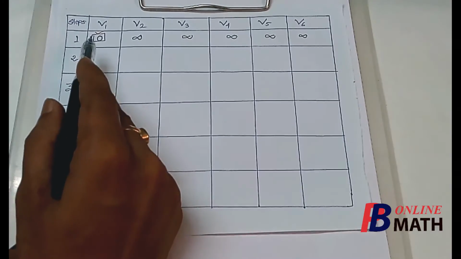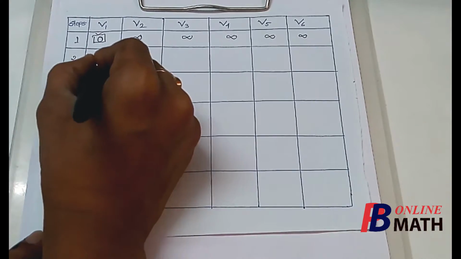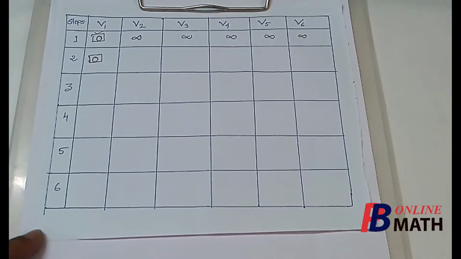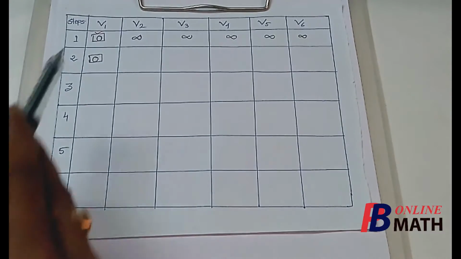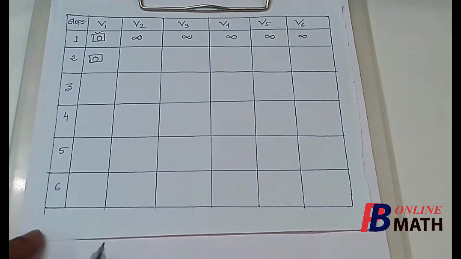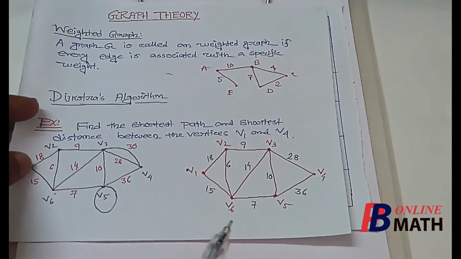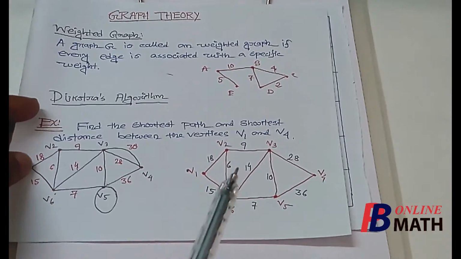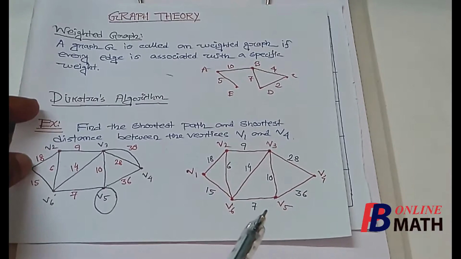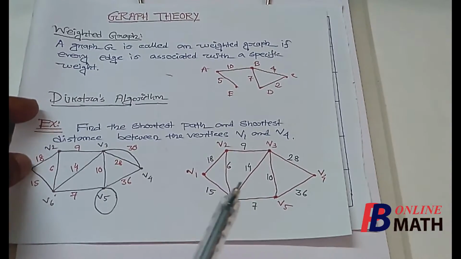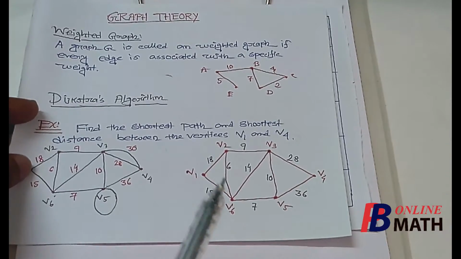Now this level is permanent, so there is no need to change it, so we put 0 here. Now we shall find the vertices which are not directly connected to v1 by edges. From the graph we find that except for v2 and v6, no other vertices are directly connected to v1 by edges. These are connected to v1 either via v2 or v6.